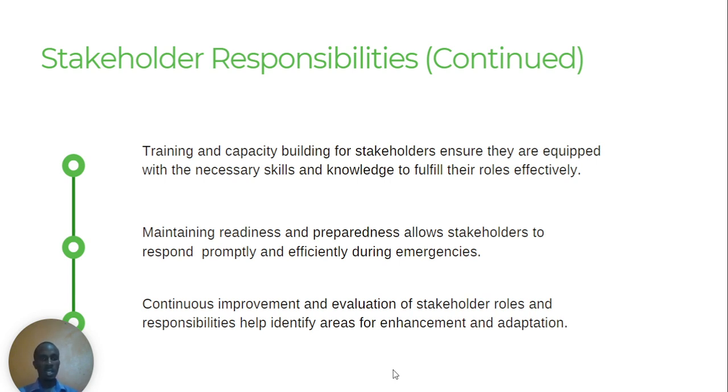And this readiness and preparedness is maintained through this training and capacity building. But even this should be done on a continuous basis, or what we are calling continuous improvement and evaluation of stakeholder roles and responsibilities, which will help identify the areas of improvement and adaptation.